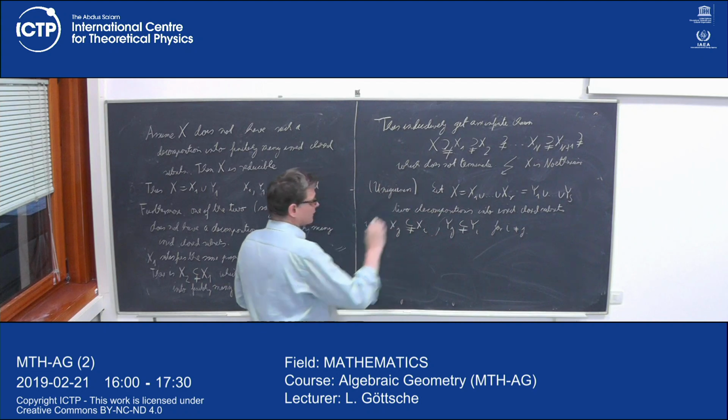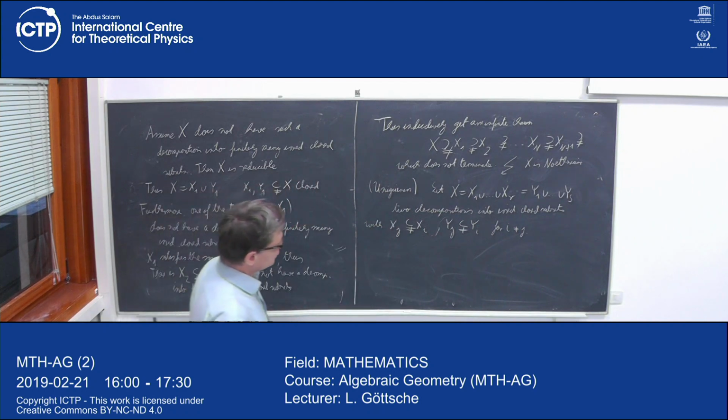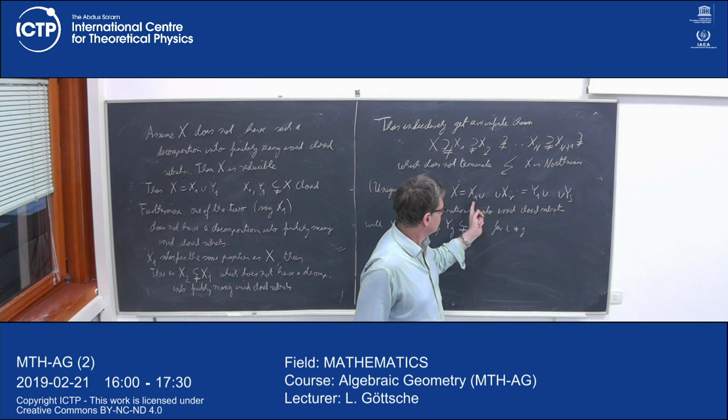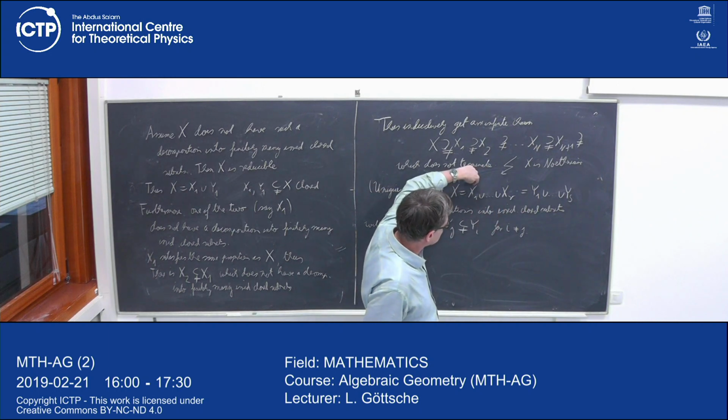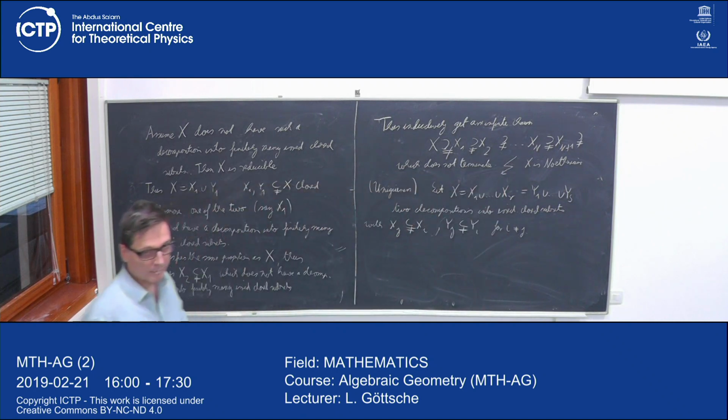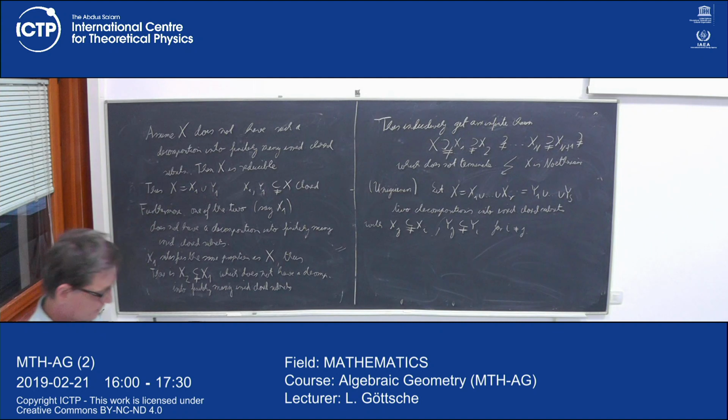And what do we have to show? We have to show that R is equal to S and that each Xi is equal to some Yj and vice versa. Up to ordering they are the same.